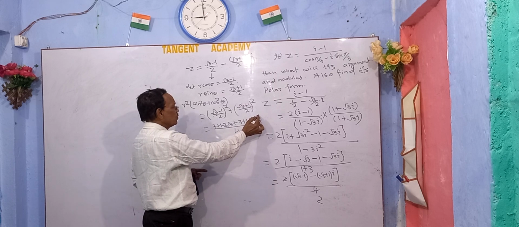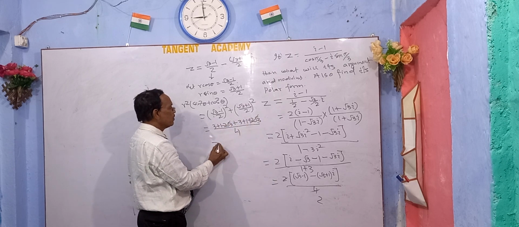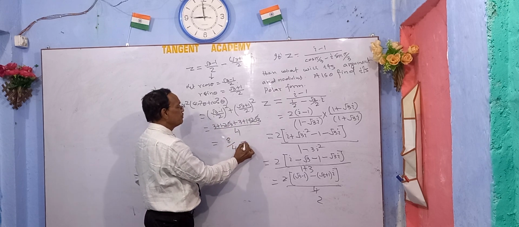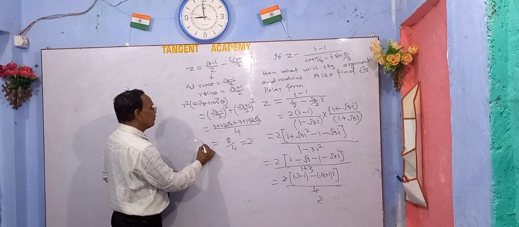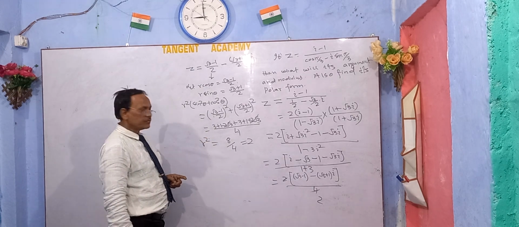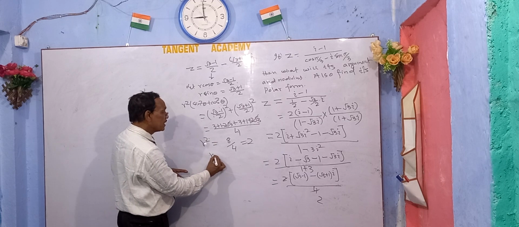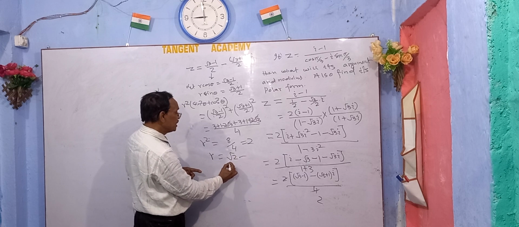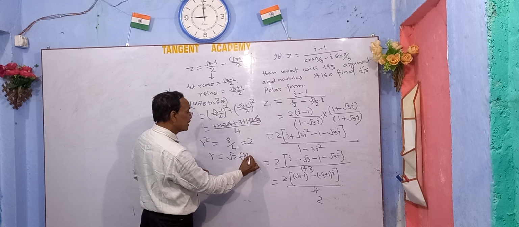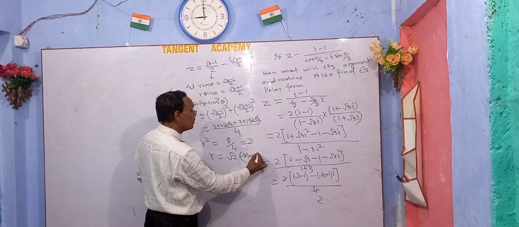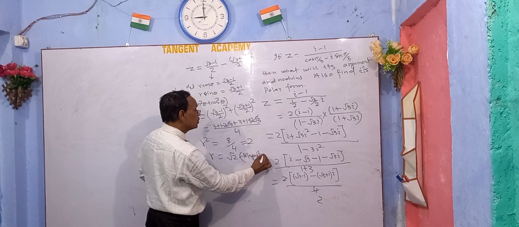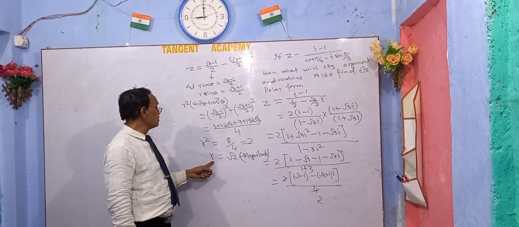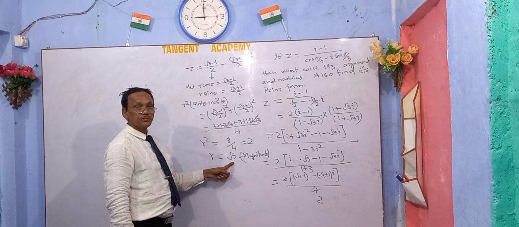Here we see that 2 root 3 and minus 2 root 3 cancelled out. 8 divided by 4 will give you 2. So the value of r square is equal to 2. Taking the absolute value, r is equal to under root 2. This is called the magnitude of this complex number. So the magnitude is found, and the magnitude of this point is root 2.